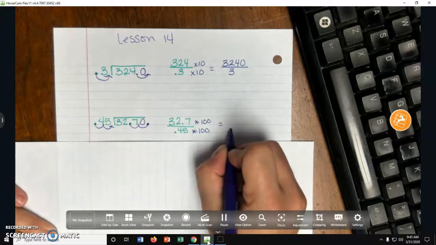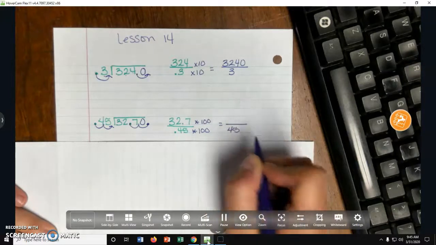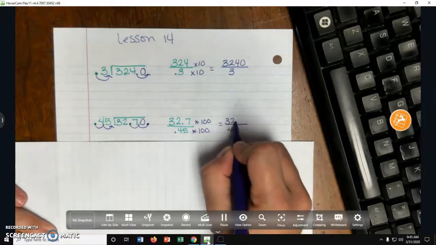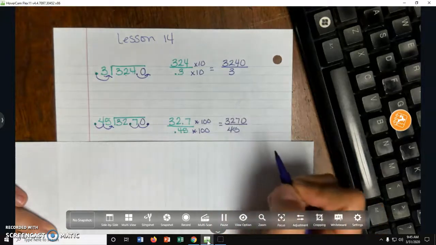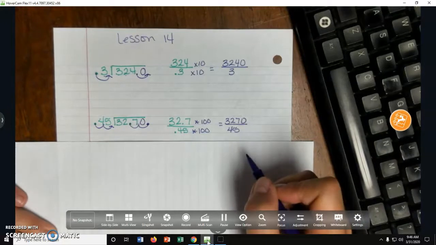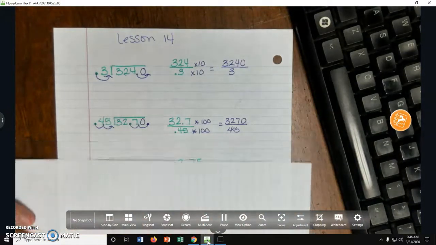So 45 hundredths times 100 is 45. 32 7/10 times 100 is 3,270. My problem now is 3,270 divided by 45. Got to clear the decimal out of that divisor.